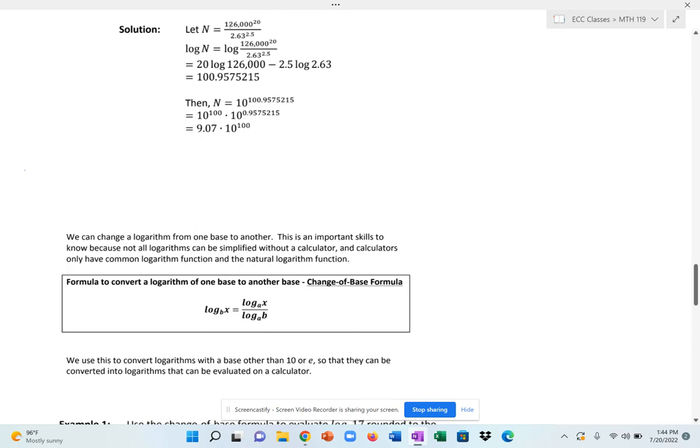And so the general formula, called the change of base formula, says that if you have a log of base b of x, that is equivalent to the log base a of x, divided by the log base a of b. So whatever your base is in the original, that's what you're taking the log of. And this log of base a on the right, like I said, typically you would want that to either be a common log or a natural log so that you can use your calculator.